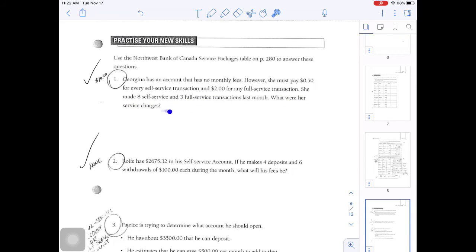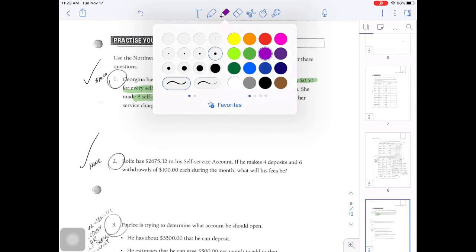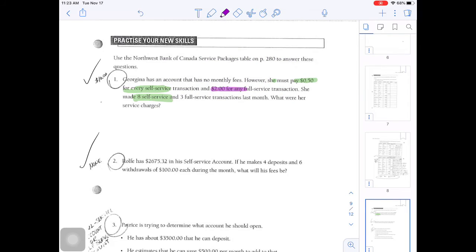What would her service charges be? Well, remember, she pays 50 cents for every self-service transaction, and she did 8 self-service transactions. She pays $2 for every full service transaction, and she did 3 full service transactions. So in order to figure out how much she paid, let's figure out how much she paid for self-service and then full service and add those together.